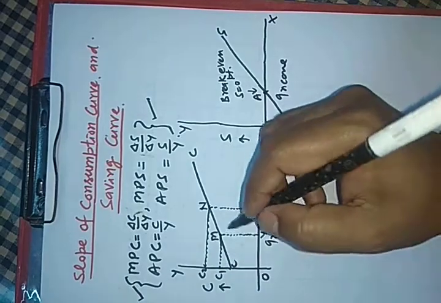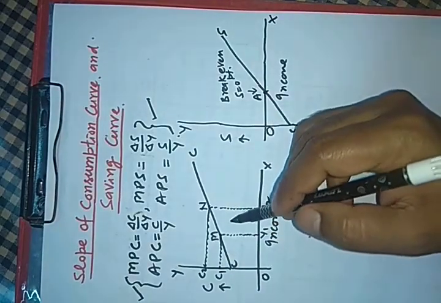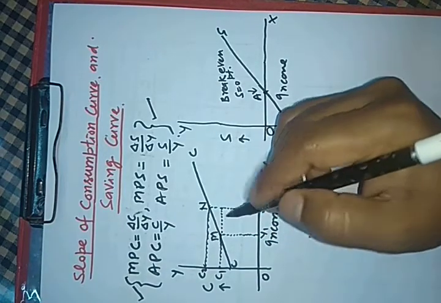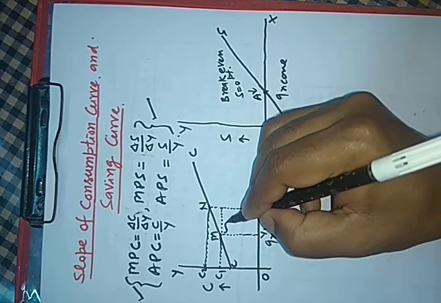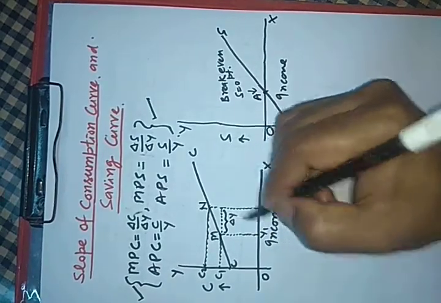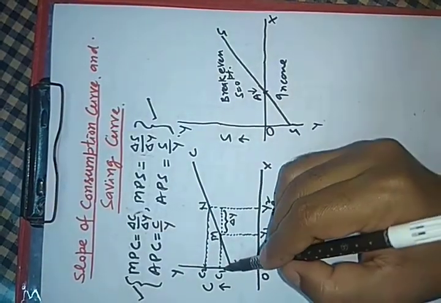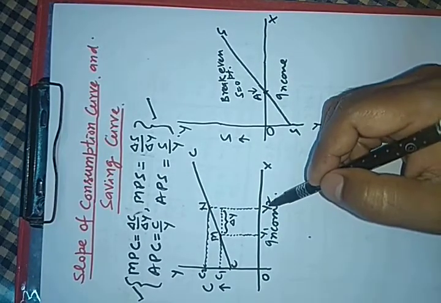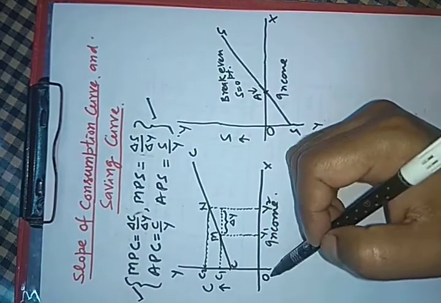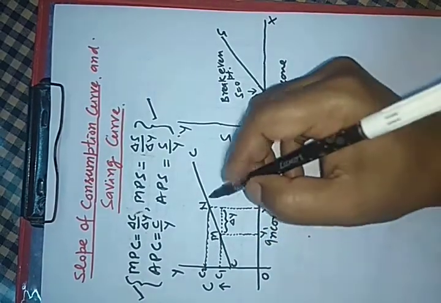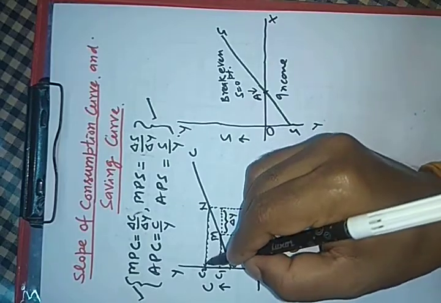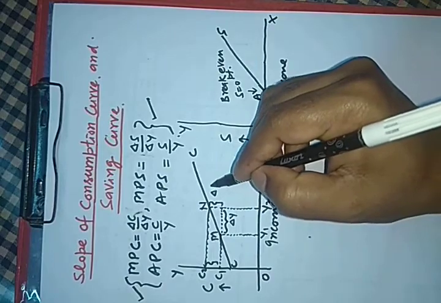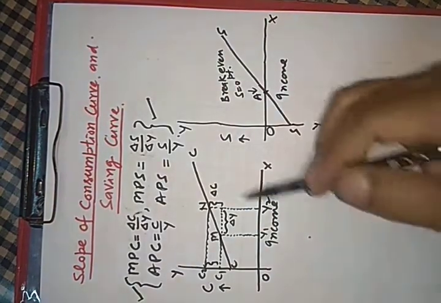This distance shows the change in income, this is delta Y. This is the previous consumption expenditure OC1, and after the increase in income, the new consumption expenditure will be OC2. The increase in consumption is this level, and it can be written as delta C, right?